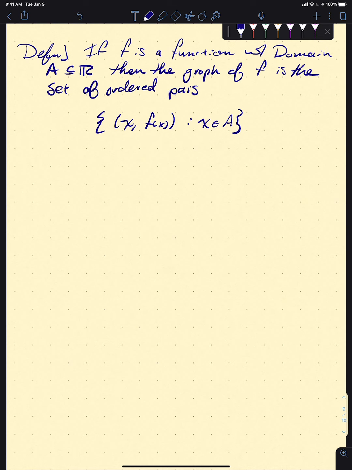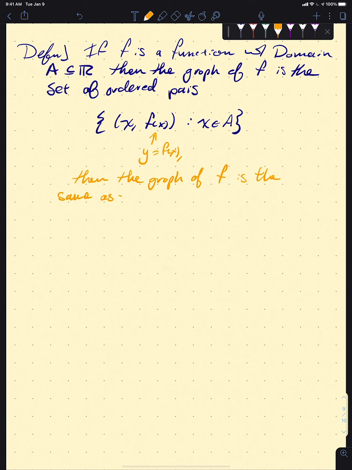And a quick note: if we assign a dependent variable y, then the graph of f is the same as the graph of the equation y equals f of x.